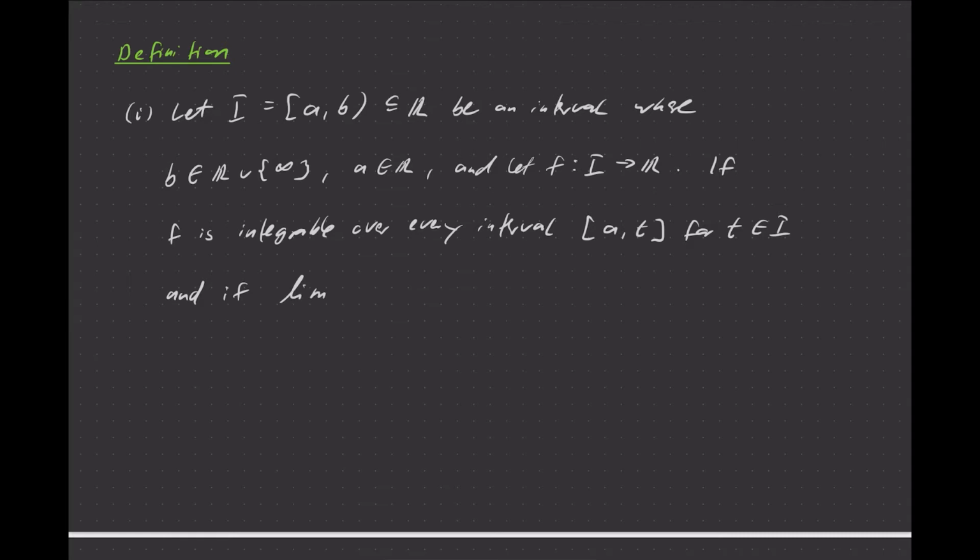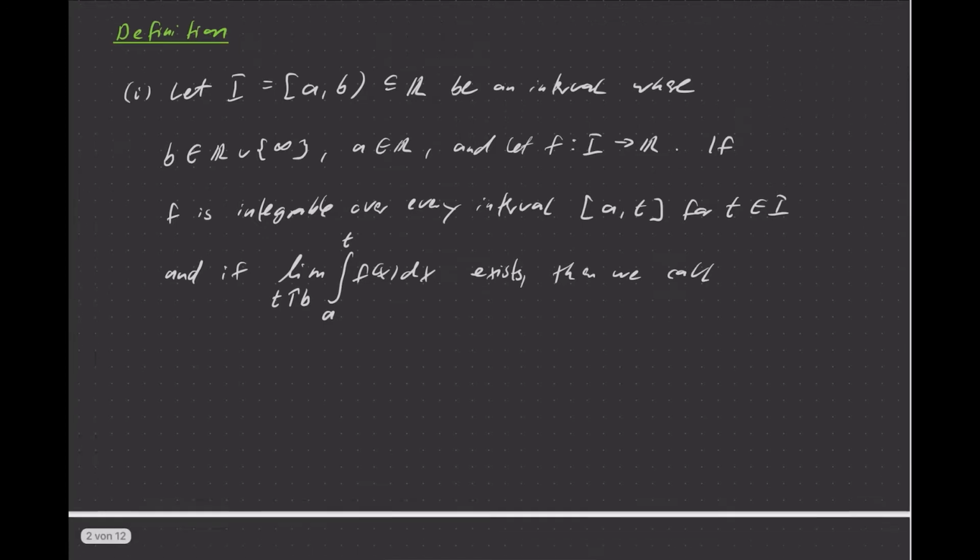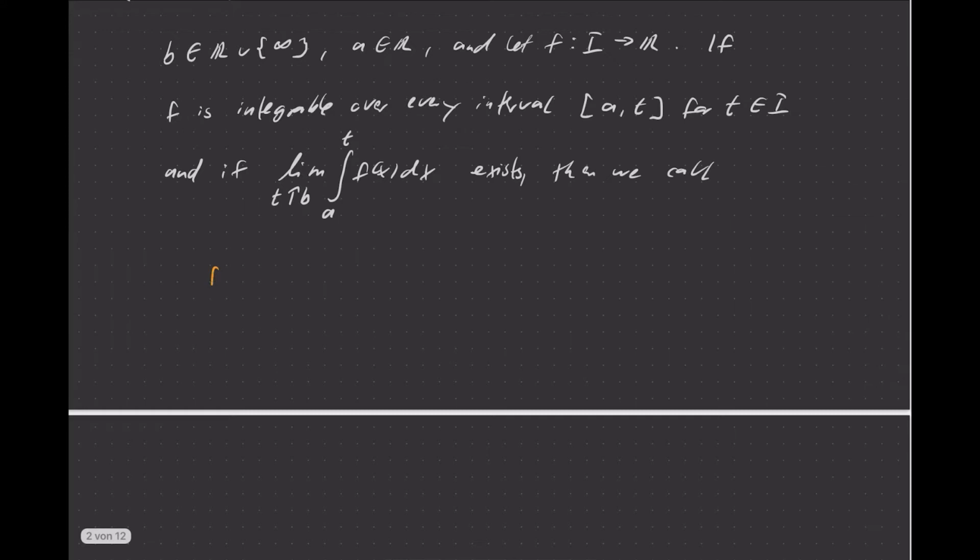So, if the limit of the integral from a to t of f(x) dx as t goes to b exists, and as b is the right boundary of that interval, we have to let t go to b from below. If that limit exists, then we call this limit the improper integral, and we just denote it by the notation integral from a to b.